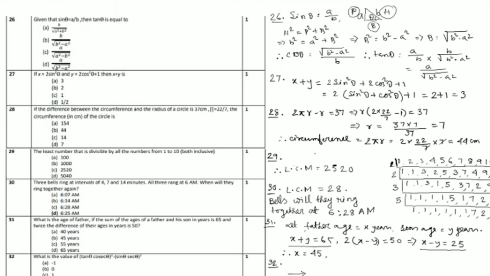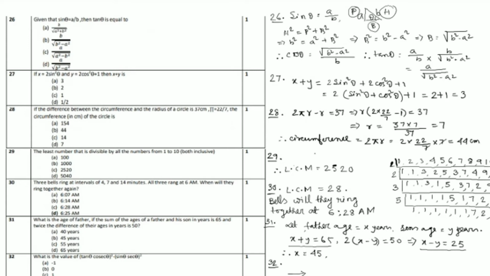In question number 26, given that sin theta is equal to A by B, then tan theta is equal to what? So here sin theta is equal to A by B. Suppose this is the triangle and this is the angle theta. Therefore sin theta means perpendicular divided by hypotenuse. Let us suppose the base will be capital B, hypotenuse will be capital H, and perpendicular will be capital P. So from this triangle we get hypotenuse square is equal to perpendicular square plus base square.